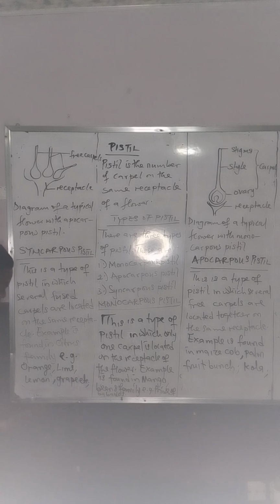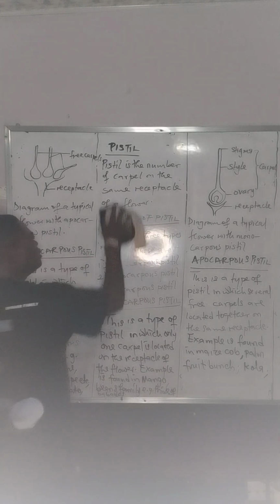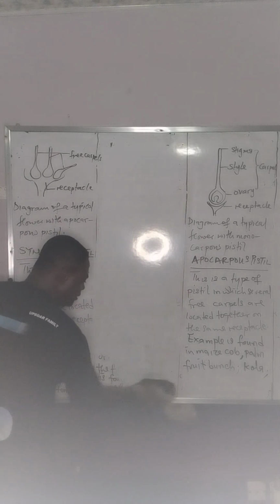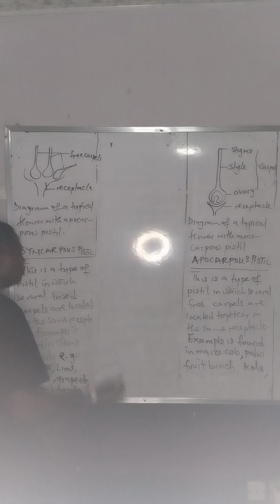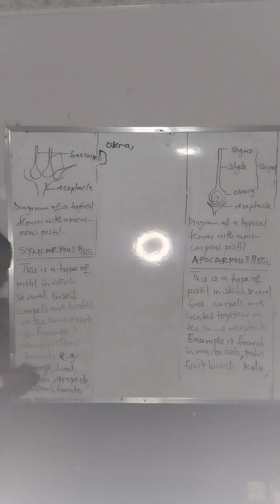Then we have pawpaw. If you see pawpaw, you see that there are several contours. Each of those contours is a carpel. Tomato, pepper. Tomato has contours, and each of the contours of tomato is a carpel, but they are already fused together. You have okra. So that is severally fused carpels.